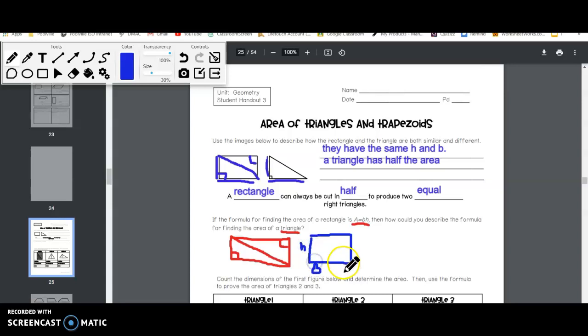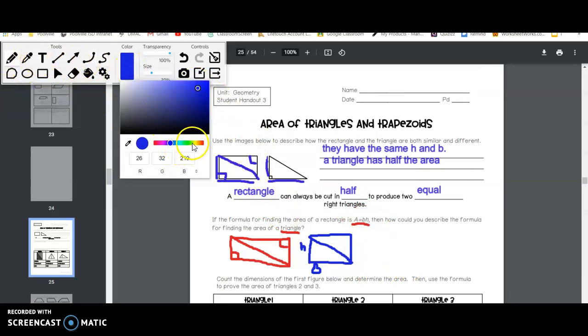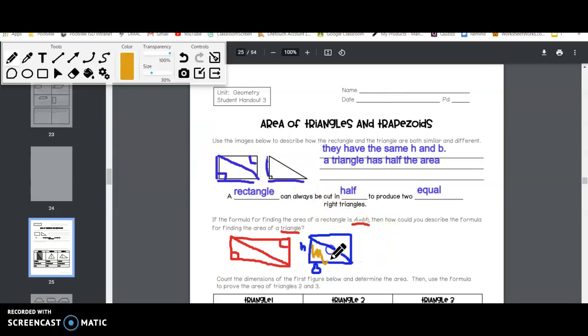But that's for the whole thing. With the triangle, we only need to find half. So what can I do to this formula to only find half? In order to find only half, because we only need half, we don't need the whole thing, we only need half to find a triangle.